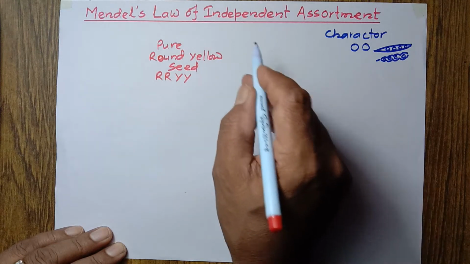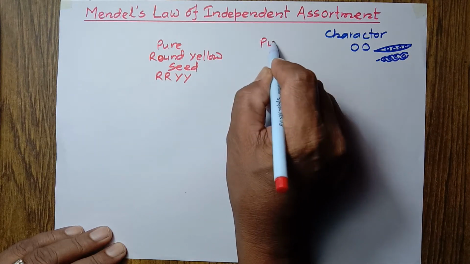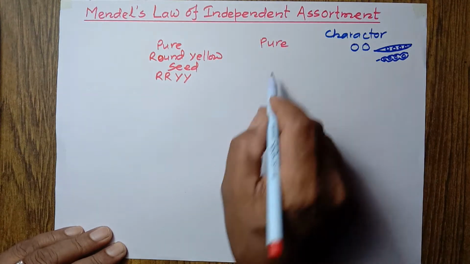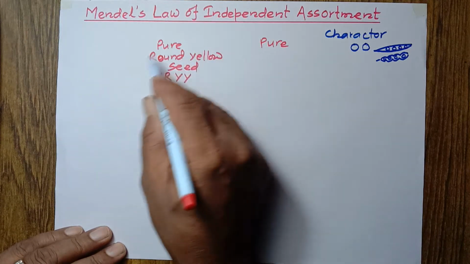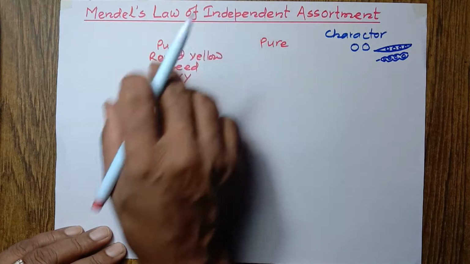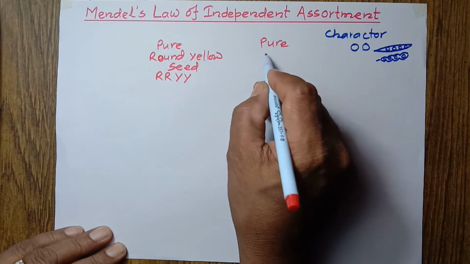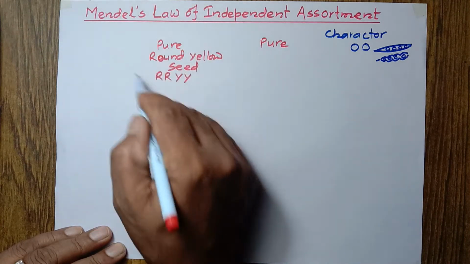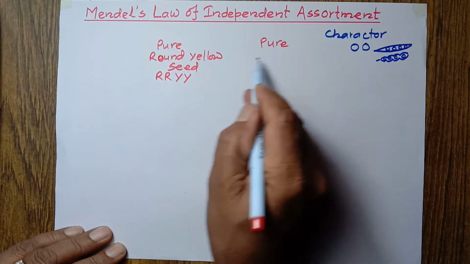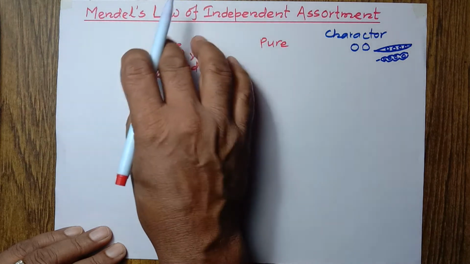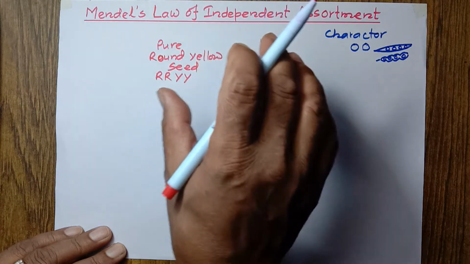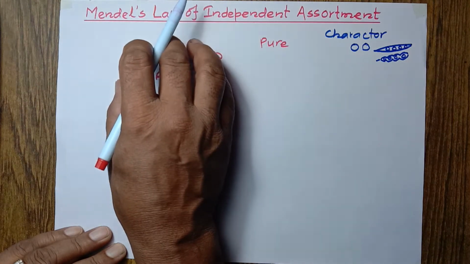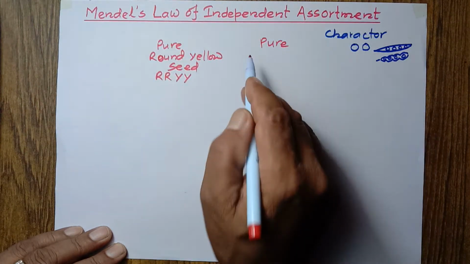And on the other side, he took pure. I am talking about the texture of seed, and now color of seed. Round is the texture and yellow is the color. We are taking two characters: one the color of the seed, another the texture of the seed.